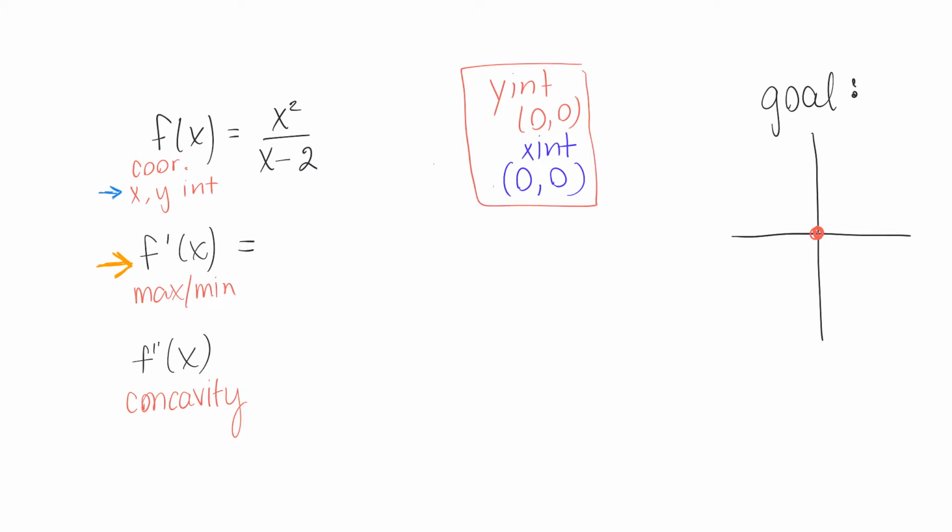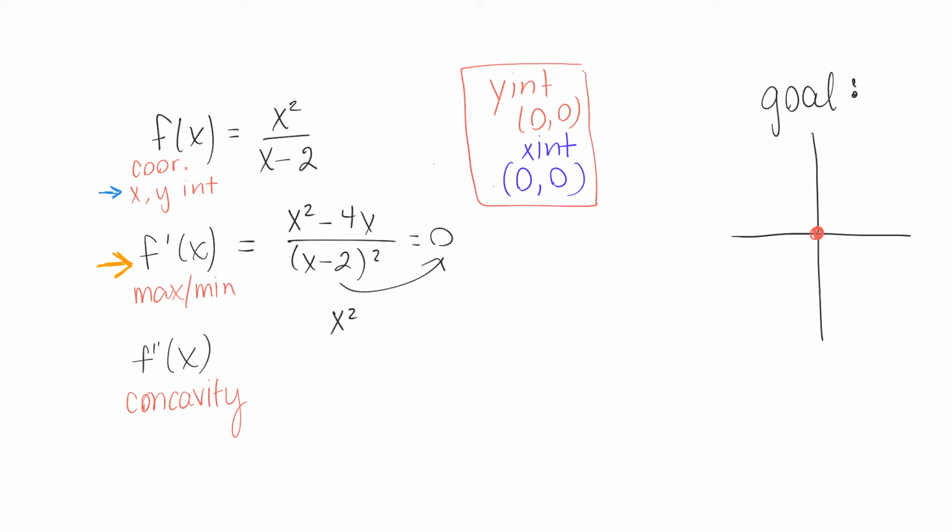Okay, I'm hoping for your first derivative, you got x squared minus 4x over x minus 2 squared. Now, if we set this equal to 0 and solve, let's see what we get. So I'm going to make this equal to 0. Move this up here.